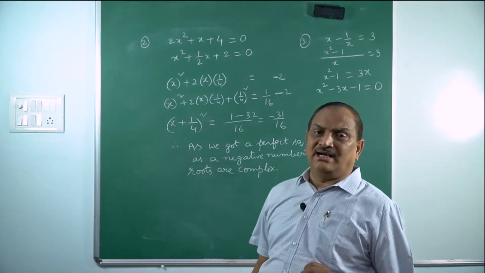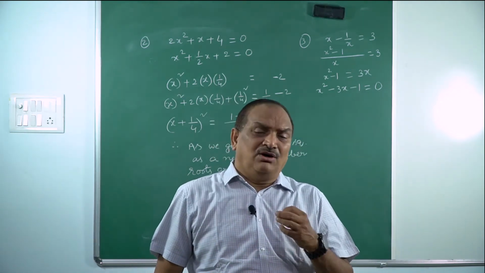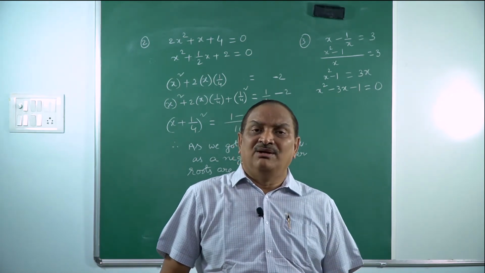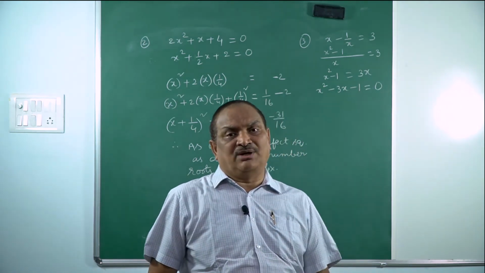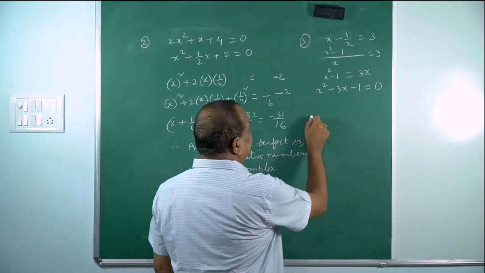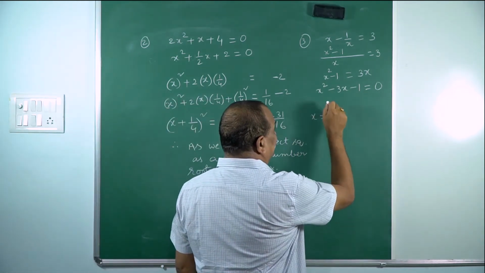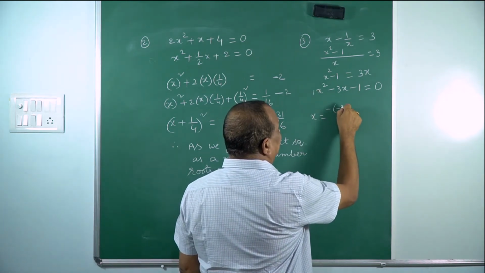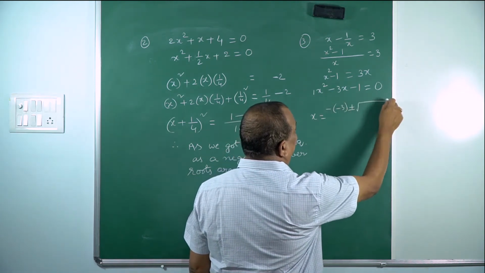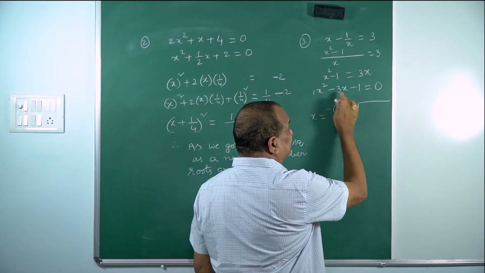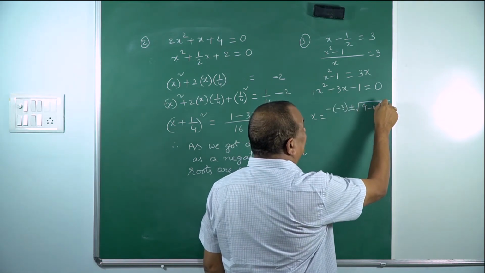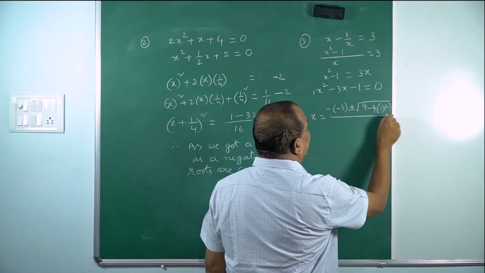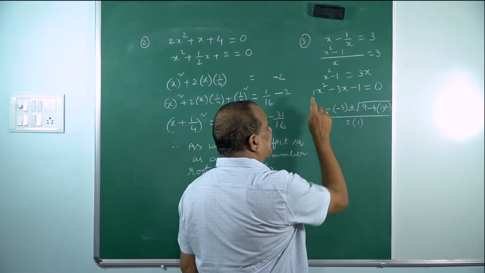So having got the quadratic equation, I want to find the roots using the formula: minus b plus or minus square root of b square minus 4ac by 2a. Straight away I will get x is equal to, this is a, this is b, this is c, minus b plus or minus square root of b square, 3 square, 9, minus 4 into a into c, 1 into minus 1, by 2 times a, which is 1.